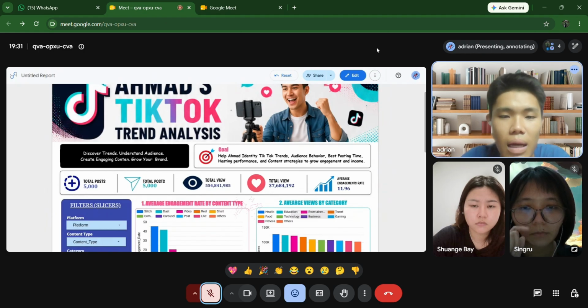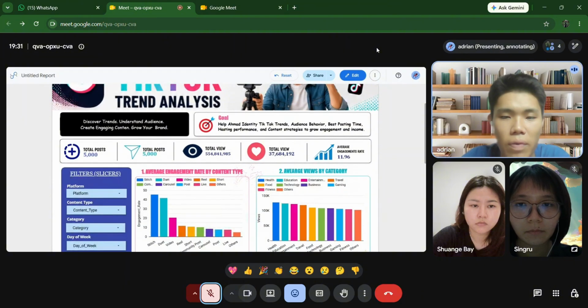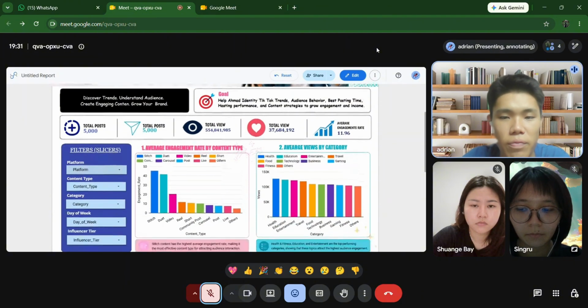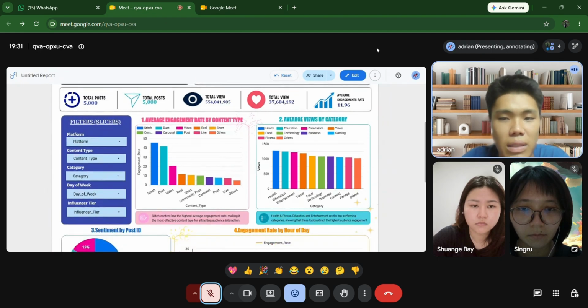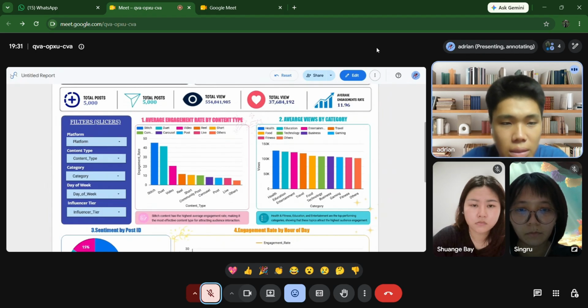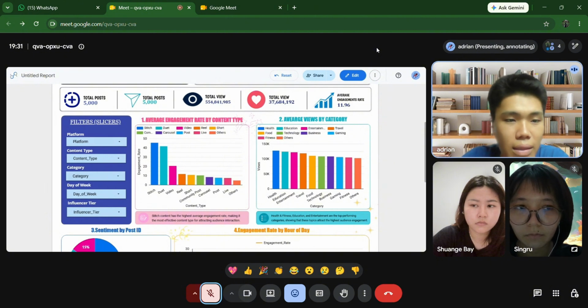Another important part of our dashboard is the interactive filter, also called the slicers. The filter allows users to select specific data based on their needs. In our dashboard, users can filter by platform, content type, category, the influencer type, and the day of the week.